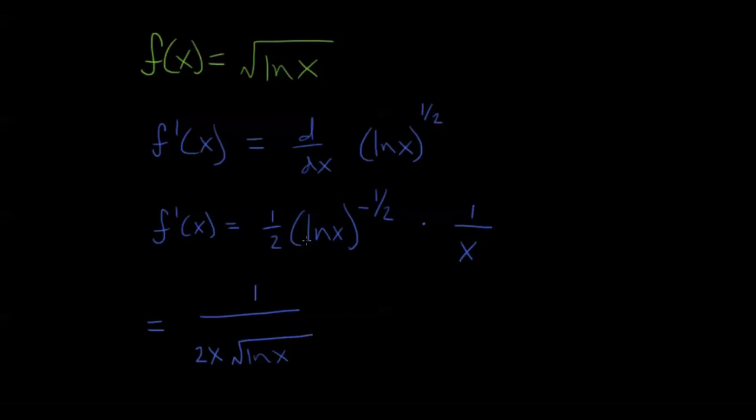What we did here is we just multiplied these two bottom numbers, and since this is the natural log of x to the negative 1/2, we know that it will be the square root underneath on the numerator side. So this is our final answer.